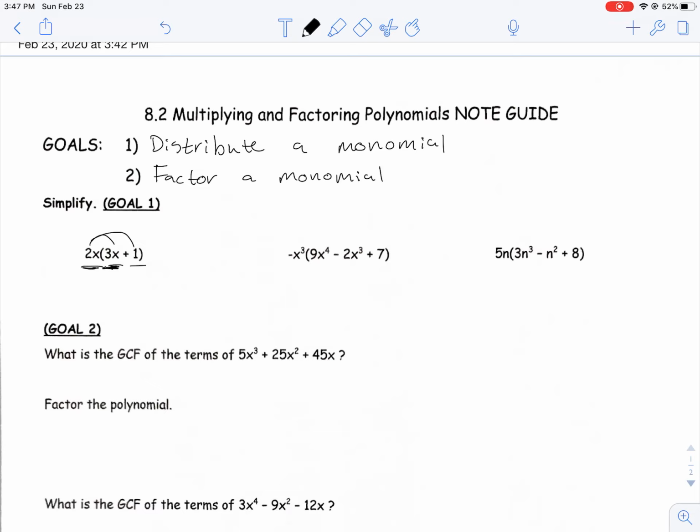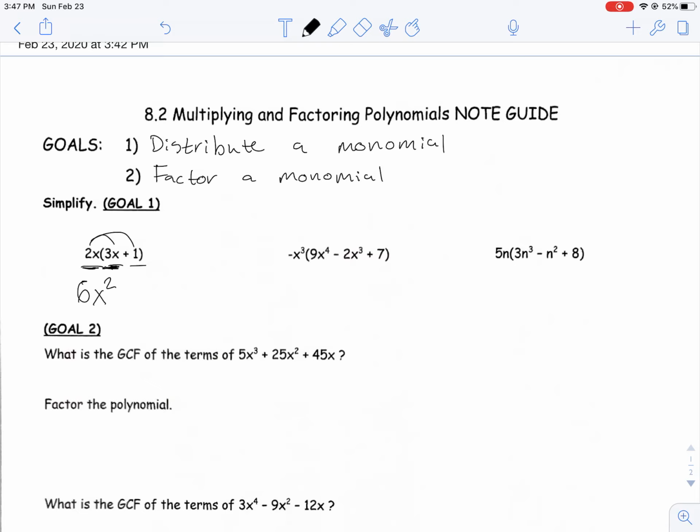Now, if you remember multiplying, when we have common bases, we have to add our exponents. So if I do 2x times 3x, that's actually going to give me a 6x squared because I added the exponents. That's just one of our rules for exponents. We have to add our exponents there, and we got 2 because 1 plus 1 is 2.